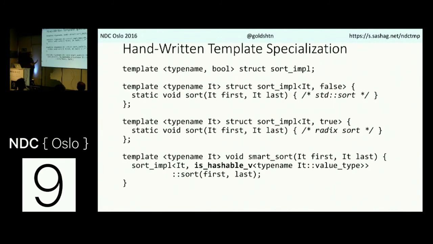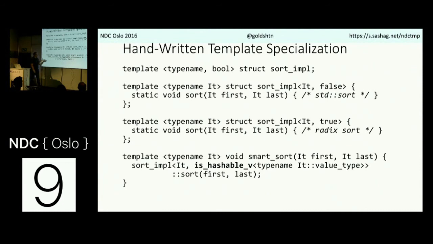So this rather verbose thing on the screen is an attempt to specialize the sort implementation, just a general sort that takes iterators, for two cases. One, when the type we're sorting just has general properties, is generally comparable, right? So it has a less than operator, which provides order.